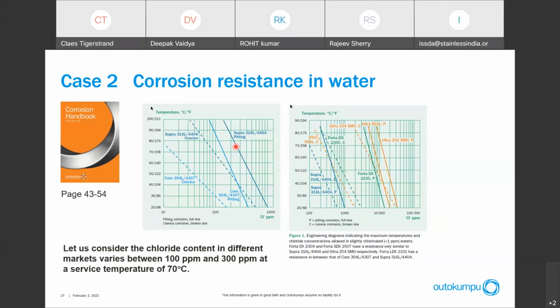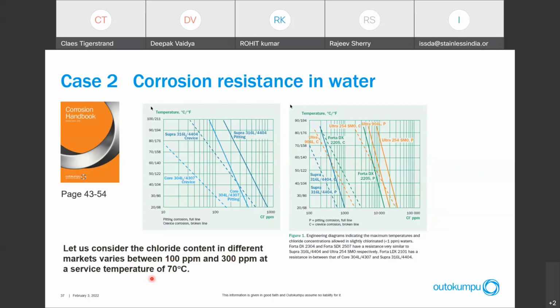These graphs are quite conservative, so they also consider that you have a welded design. So it's not only the base material. So for a water heater, let's consider that in different markets the chloride content can vary between 100 ppm and 300 ppm of chlorides.